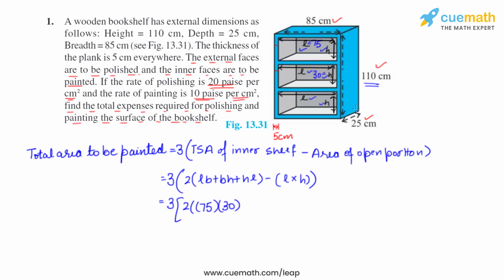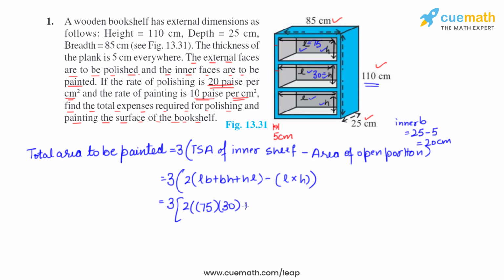And here the breadth will be, as the outer breadth is 25, then the inner breadth will be 25 minus the thickness. At the back side there is a plank. The thickness of that plank is 5. It means 20 centimeters.